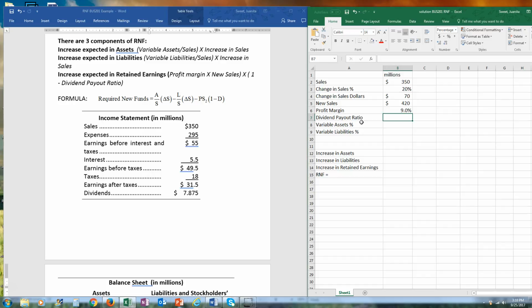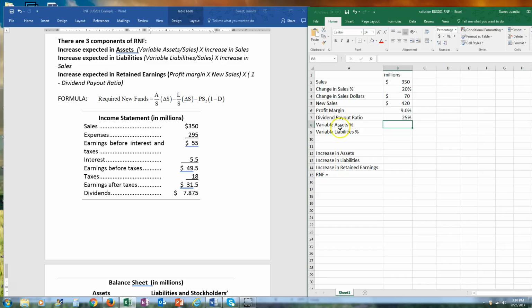Our dividend payout ratio, it's telling us that we paid dividends of $7.875 million from the $31.5 million that we kept. Our dividend payout, we're paying out 25 cents on the dollar of net income.